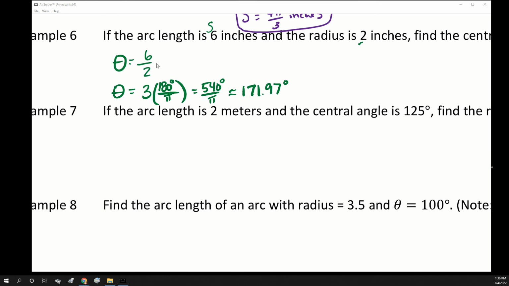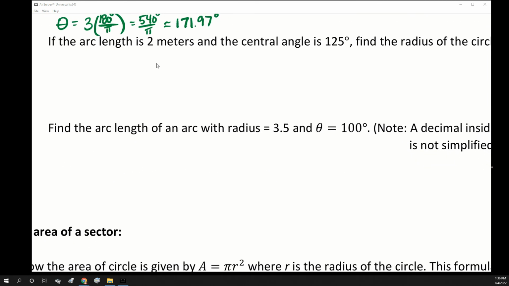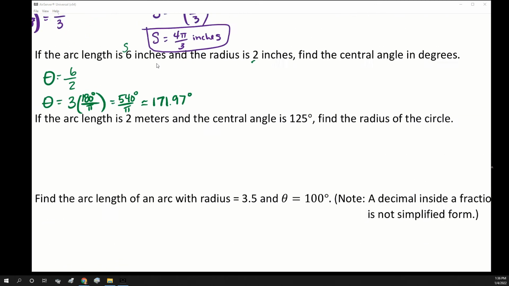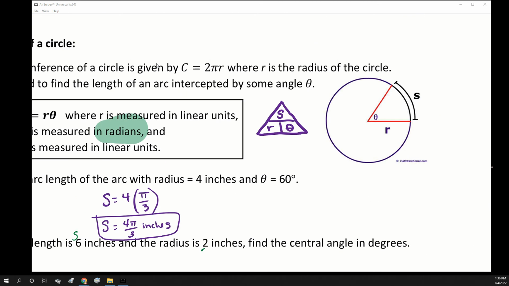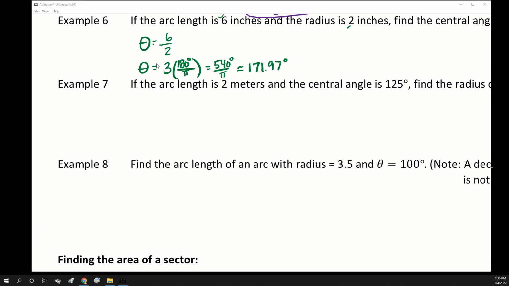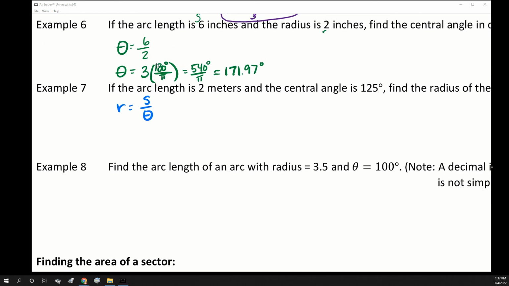All right, so for example 7, if the arc length is 2 meters and the central angle is 125 degrees, find the radius. All right, so this time I'm looking for the radius. So I'm going to cover up R to find the radius. It's S divided by theta. So our theta again is in degrees.